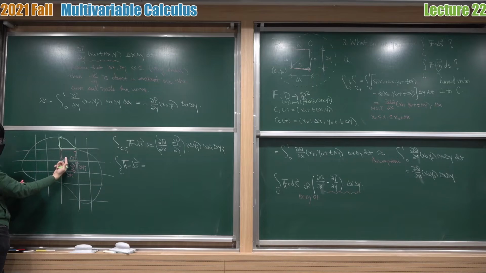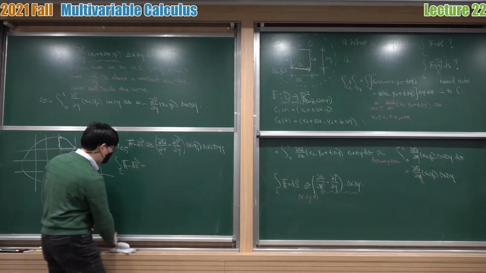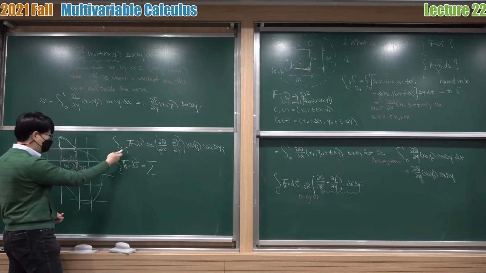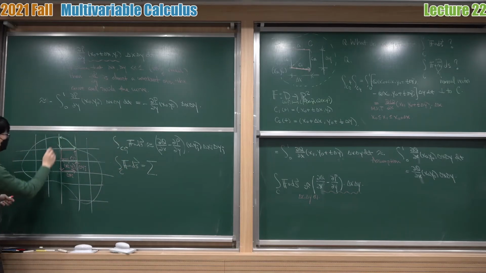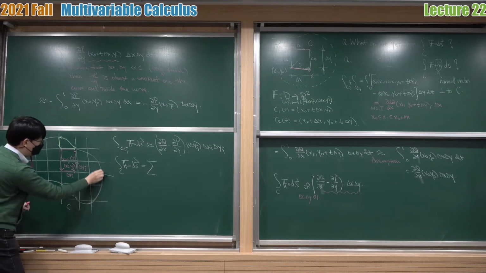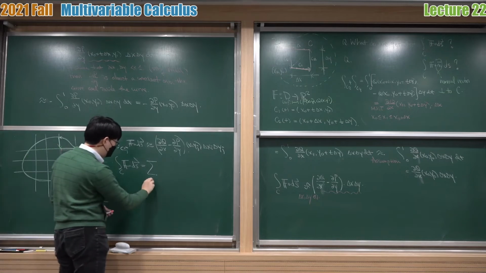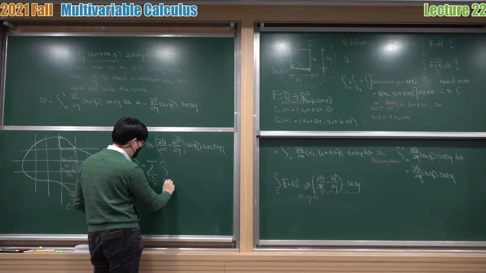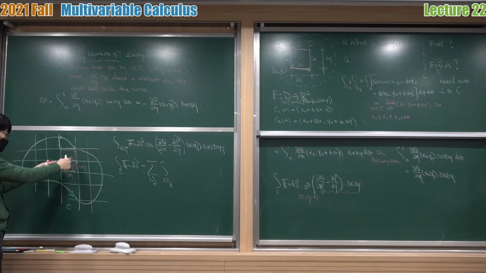So this cancels out. The line integrations on the inside lines all disappear, so what survives is the line integration on the boundaries. In other words, the line integration over the boundary curve C is equal to the sum of all line integrations of the inside curves.